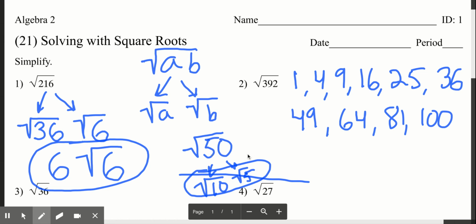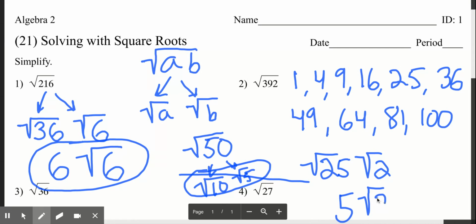You know what would help me though? 25 and 2. Those also multiply to 50, but 25 is actually a perfect square, so I can simplify this to 5 root 2. And so that's what we want to be thinking about. All right. So that's one rule right here.